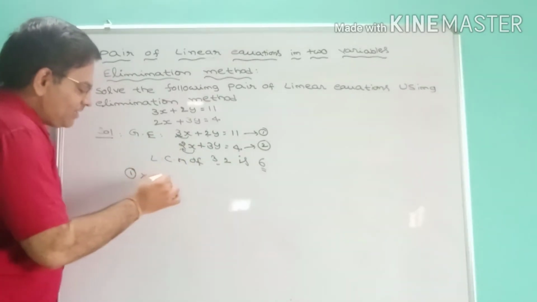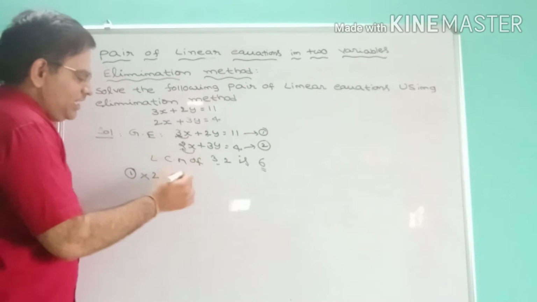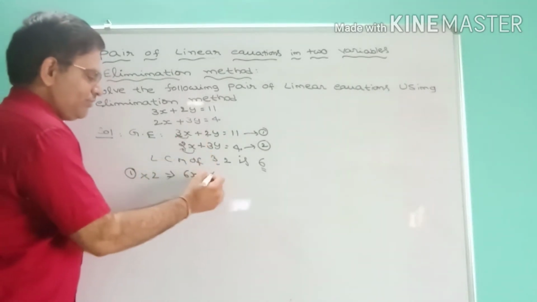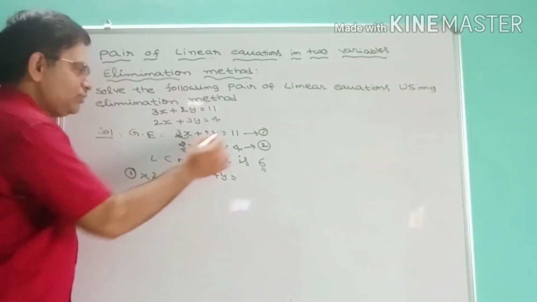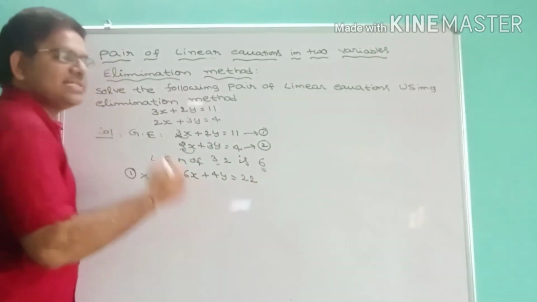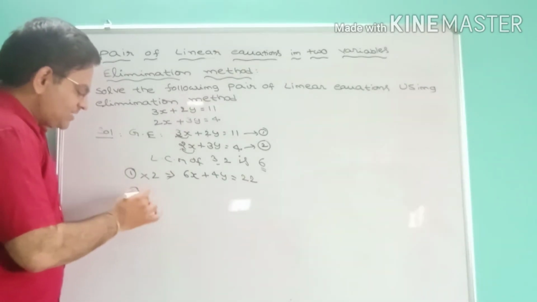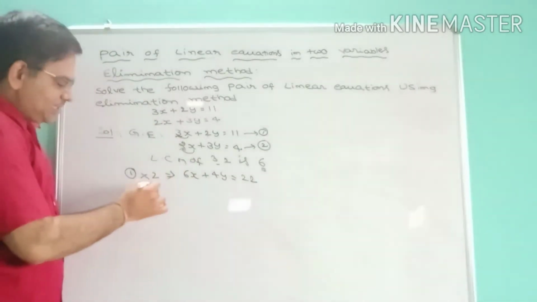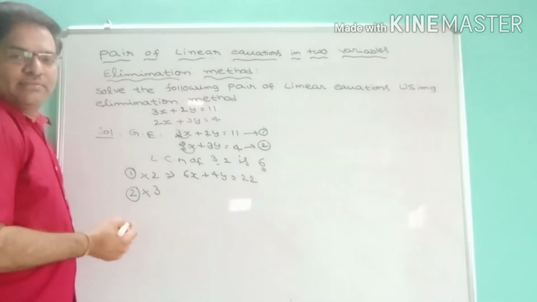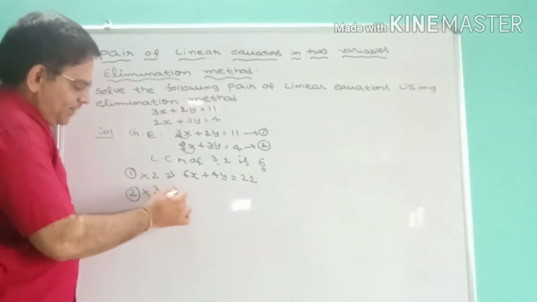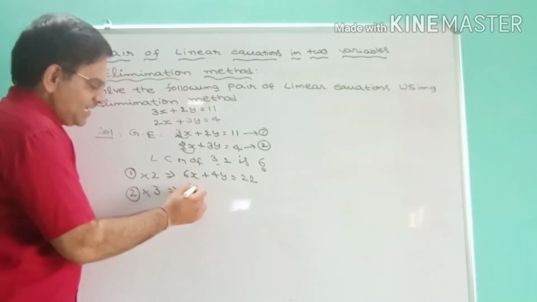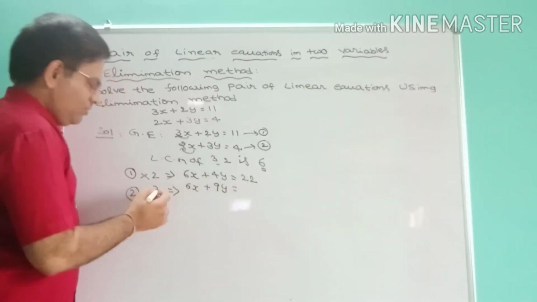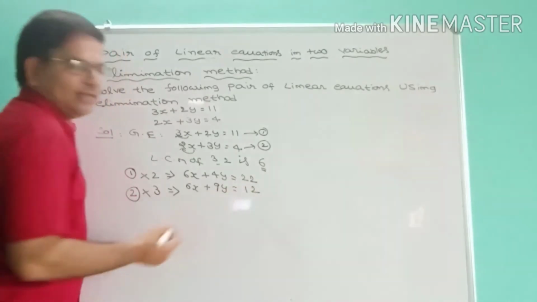Multiply by 2: 2 threes are 6x plus 2 twos are 4y equal to 2 elevens, 22. In the same way, in the second equation, 2 is there; to get 6, multiply the equation by 3: 3 twos are 6x plus 3 threes are 9y equal to 3 fours are 12.